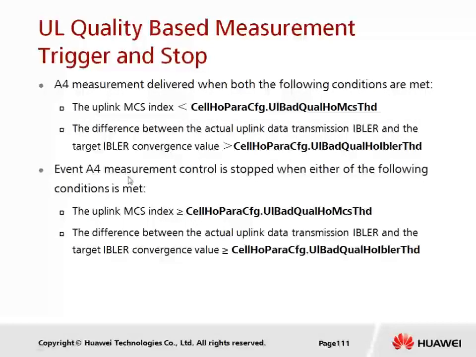Event A4 measurement control will stop if either one of the following conditions is met: the uplink modulation and coding scheme index is now greater than a threshold, or the difference between the actual initial block error rate and the target initial block error rate is greater than another threshold, the bad quality handover initial block error rate threshold.